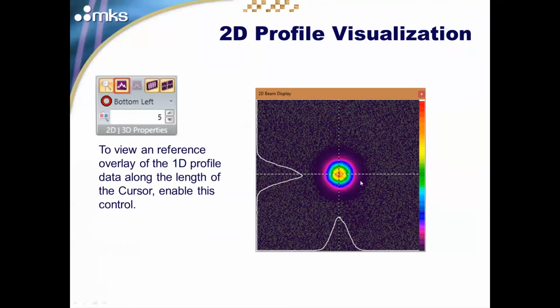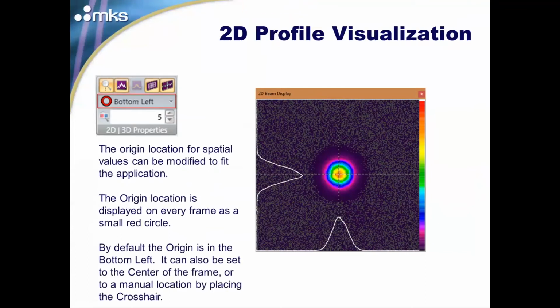The x-axis of the cursor is shown on the bottom of the 2D beam display, and the y-axis of the cursor is then transposed over to the left side of the display and gives you an instantaneous view of the intensity profile at that cursor location. And that can be enabled and disabled. If it's not useful in your application, go ahead and shut that off. And that's just on the beam display ribbon.